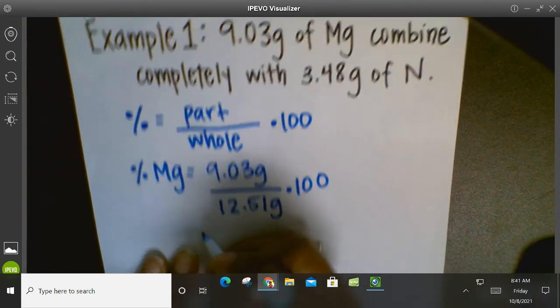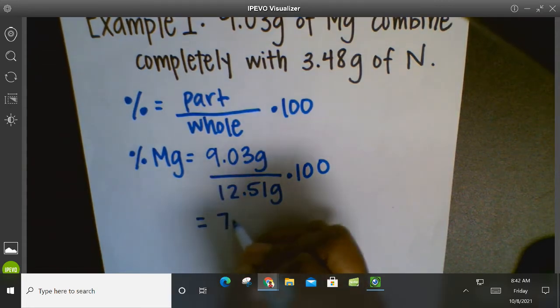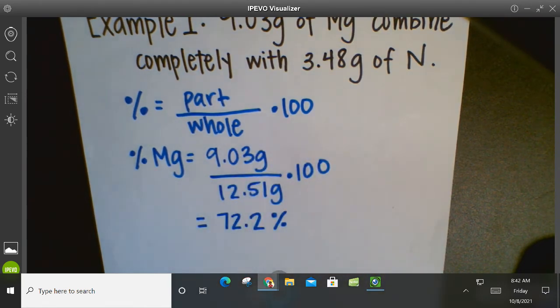And then to finish this out, we would just take 9.03, divide that by 12.51 times 100, of course, and we get 72.2%.